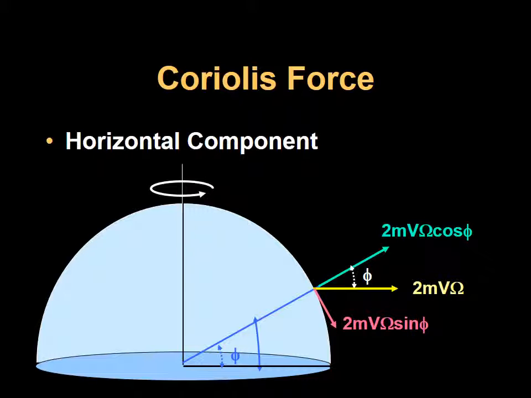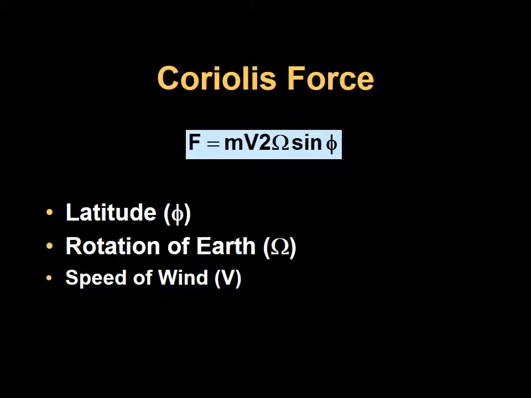And that's where that v comes from. If something is moving, then Coriolis force is acting on it. And of course, the faster it's moving, the bigger the v, the bigger the Coriolis force. So this is our expression for Coriolis force.